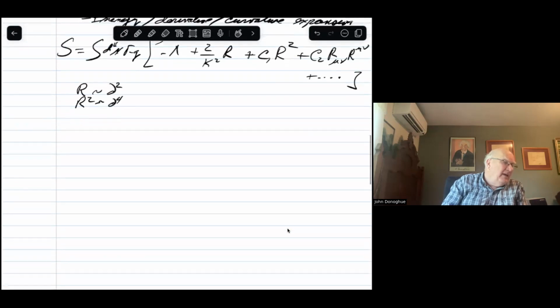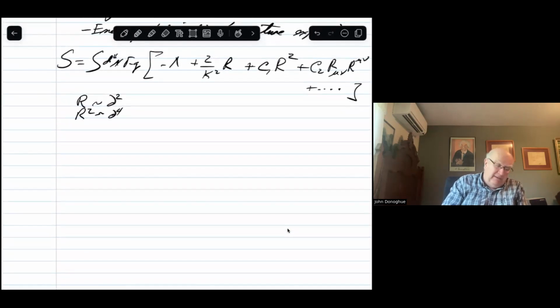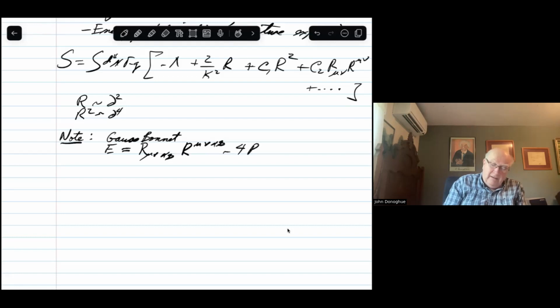Okay. The one thing I have used here is that in 4 dimensions, there's only 2 terms that you need to have here. There's the Gauss-Bonnet term. It's formed with the Riemann tensor, and this guy is a total derivative in 4 dimensions.